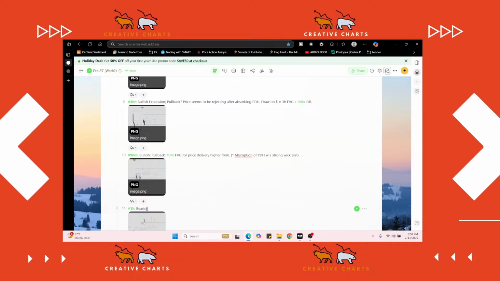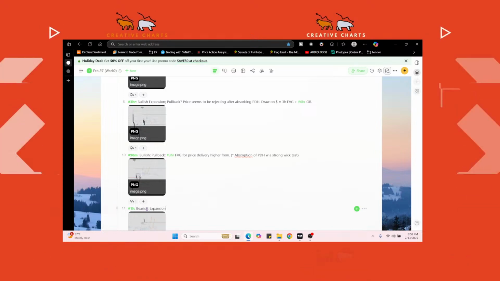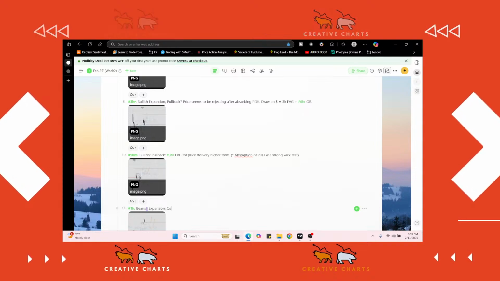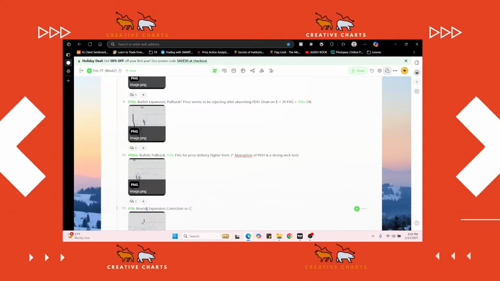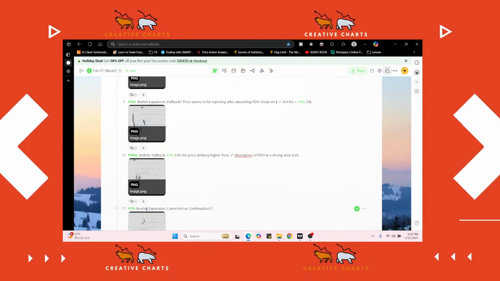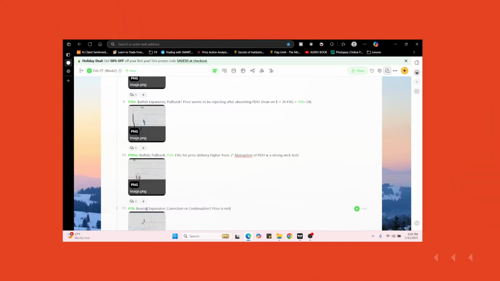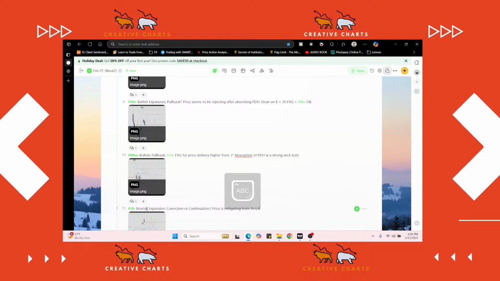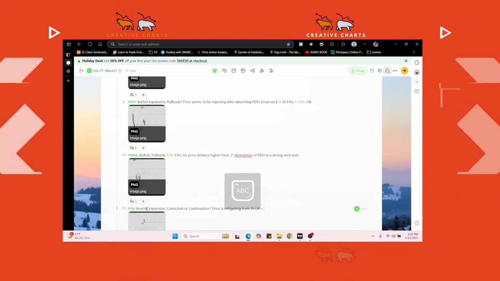expansion. So bearish correction or continuation. Price is mitigating from 1 hour logical area plus previous day.